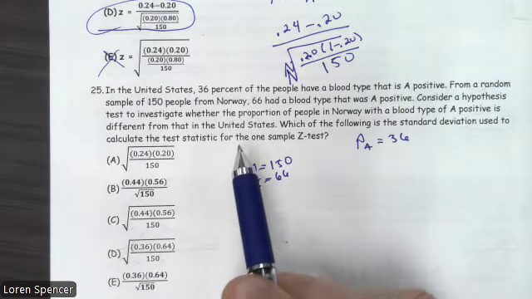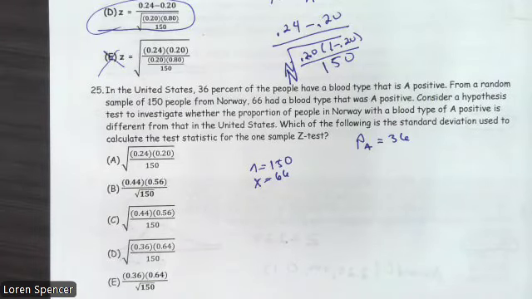Consider a hypothesis test to investigate whether the proportion of people in Norway with blood type A positive is different from the US.